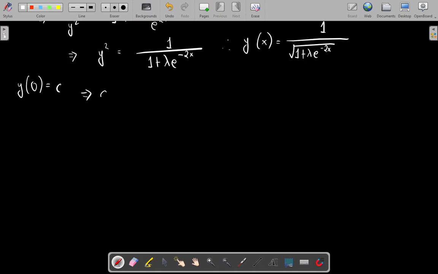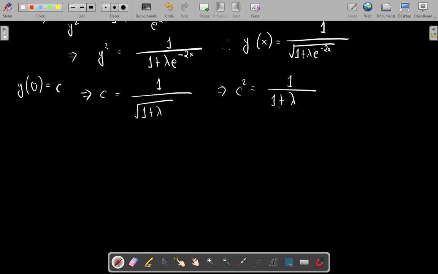So putting c for y and 0 for x, we get in the RHS 1 upon square root of 1 plus lambda e raised to the power 0, right? So e to the power 0 is 1, so lambda times 1 is just lambda, so square root of 1 plus lambda. Okay, so if we square both sides, we get c square is equal to 1 by 1 plus lambda.